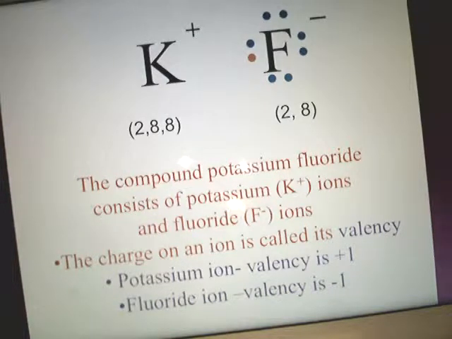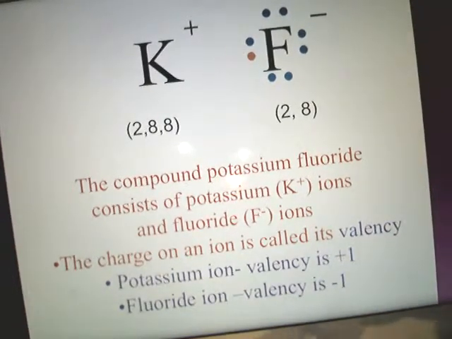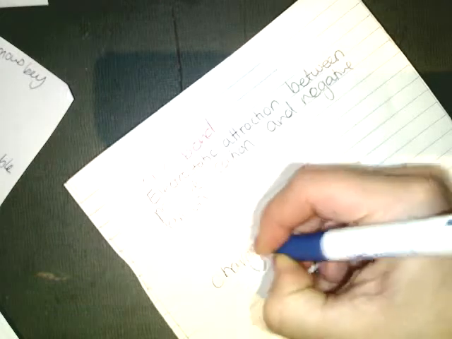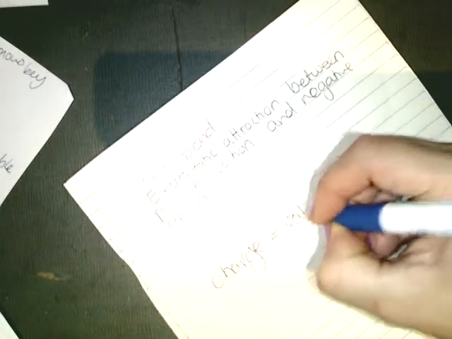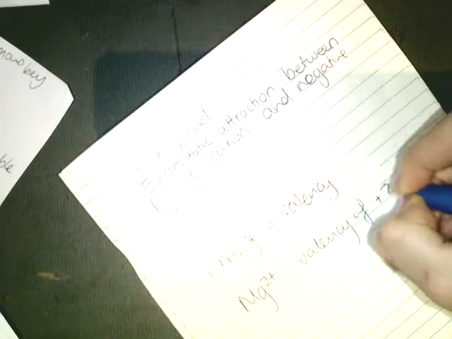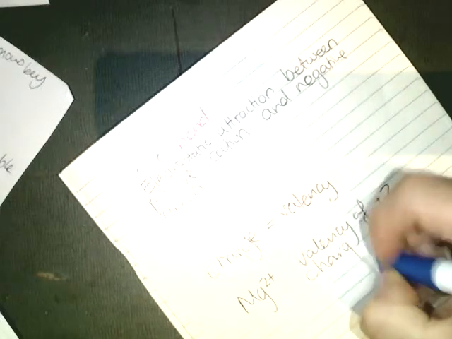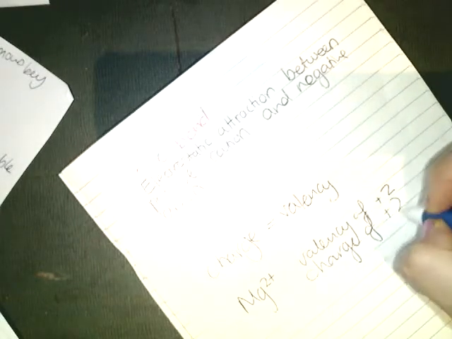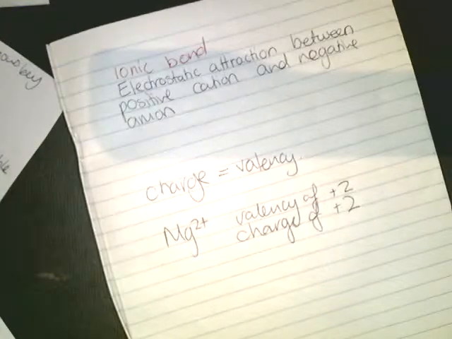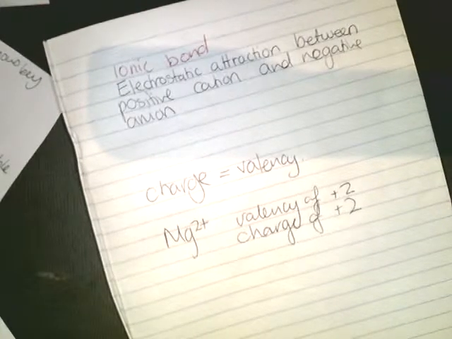So this point down here is a word we have to use. Another word for the charge is valency. You'll see it pop up. So for example, Mg2+ has a valency of +2. It's the same as saying it has a charge of +2. Okay, so that's just a bit of terminology.